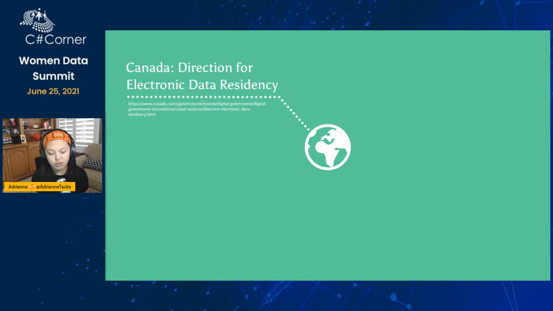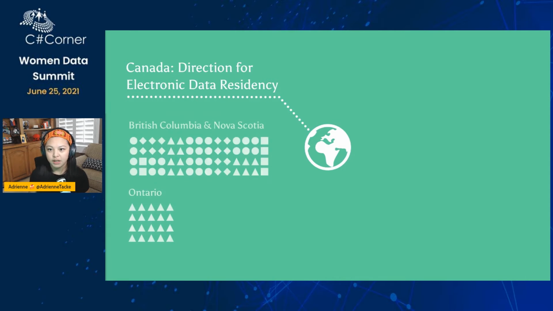And for the most part, most of the data or all of the data has to stay within Canada. So if we take a look at that, there are specific provinces that apply this in different ways. The British Columbia, Nova Scotia provinces, they take that to mean all of their data, any data, whereas Ontario focuses more on healthcare data. And that brings us to the very specific client that we're going to talk about today.